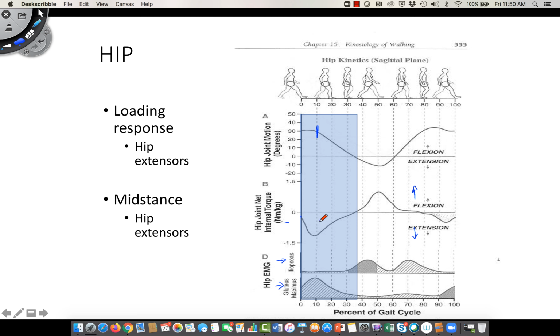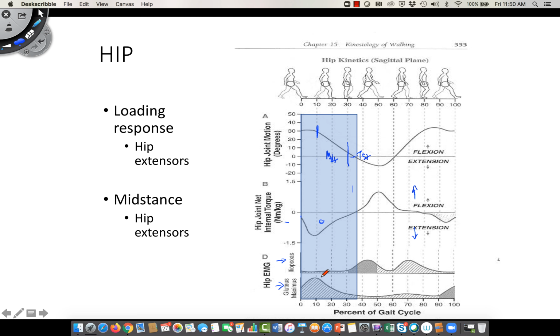We can see there's agonist contraction here during loading response, and all the way up to just beyond the transition from mid stance to terminal stance. Then about halfway through this rapid extension, we see a shift to a different agonist moment.